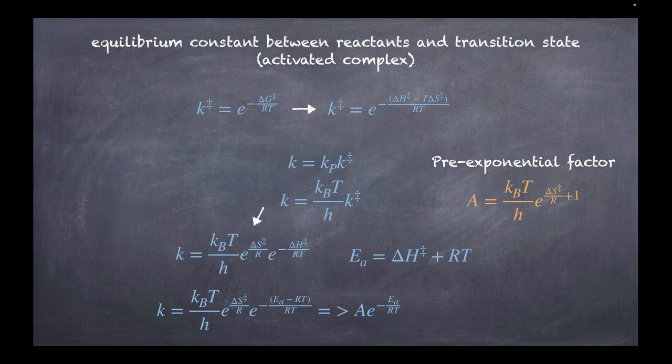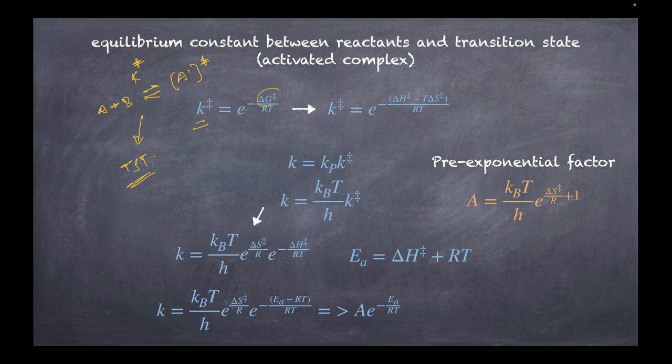Now K double dagger is the equilibrium constant. That means for this step, A plus B are in equilibrium with the activated complex. This is the approximation in transition state theory. So this equilibrium constant is K double dagger, which we can express from thermodynamics. Any equilibrium constant is equal to exponential of minus delta G double dagger divided by RT.